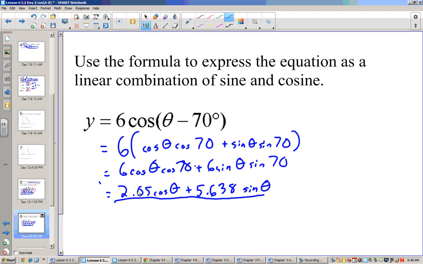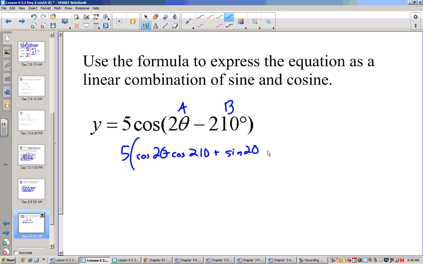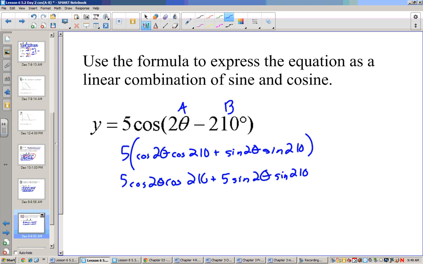Now we wrote this as a linear combination of cosine and sine. We have one more that just has something in front of the theta, but we do it just the same. This would still be a, this would still be b, so this would be cosine of 2 theta cosine 210 plus sine of 2 theta sine of 210. And then when I multiply it over, it'd be 5 cosine 2 theta cosine 210 plus 5 sine 2 theta sine of 210.